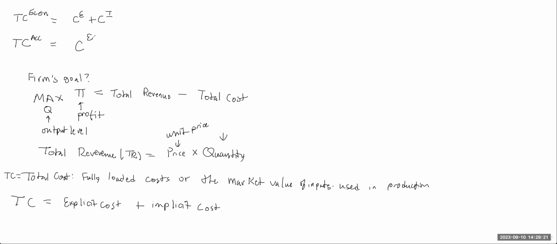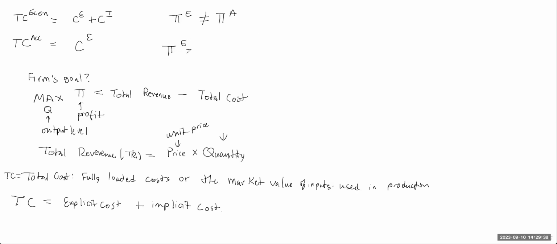So what we could see here is the following. Profit for economists is not necessarily equal to profit for accountants. They could be only if implicit costs are zero. Okay, why?